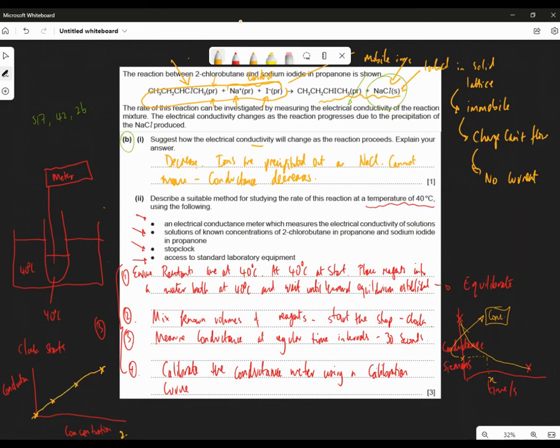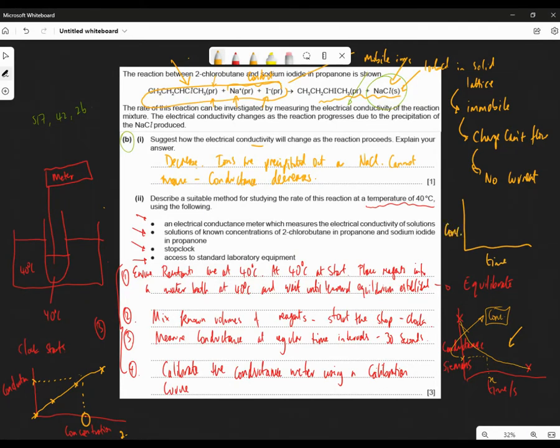And then when you use this graph, if you know the conductance, you can relate that to a specific concentration. This is a bit technical, I agree, but then you can plot a time concentration curve.